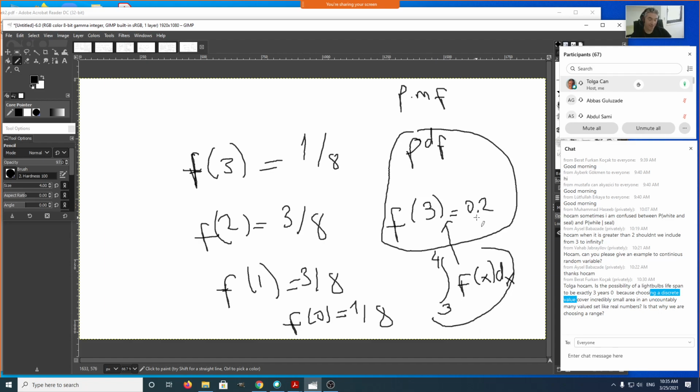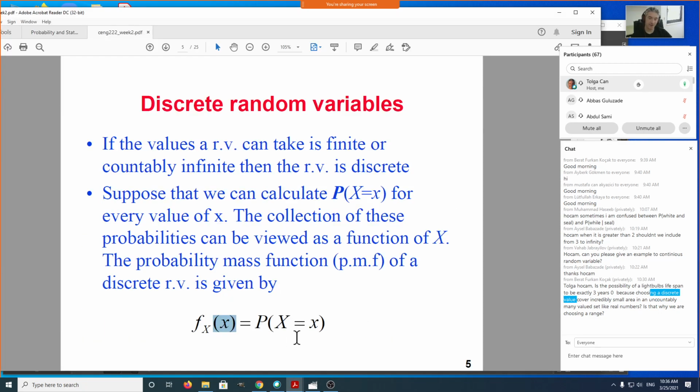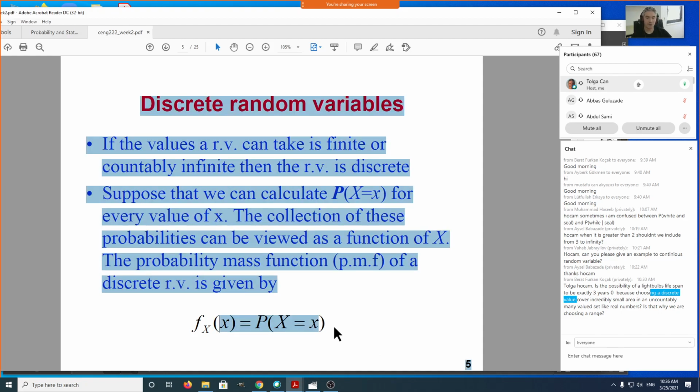A certain point on the curve of this function may have a non-zero value, but this will not be a probability. But in the case of discrete random variables, these are true probabilities. The probability mass function is defined as the probability that X is equal to x.